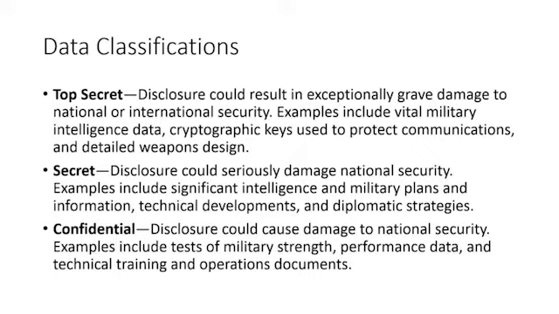Again, when it comes to military or government, vital military intelligence data, cryptographic keys used to protect our communications to the guys in the field, and detailed weapons designs could all be classified as top secret. You have to have certain clearance levels to see top secret data. And even then, sometimes even if you have the clearance, you may not be able to see that data, right? You may be on what they call a need-to-know basis.